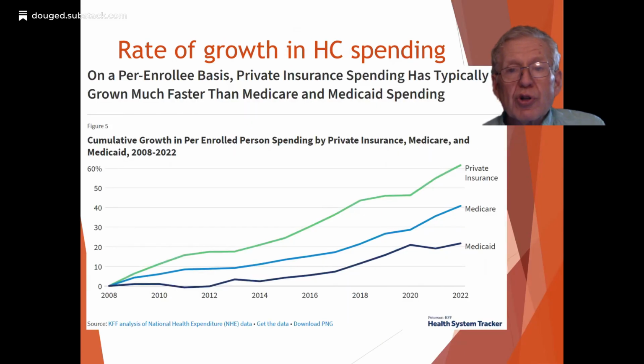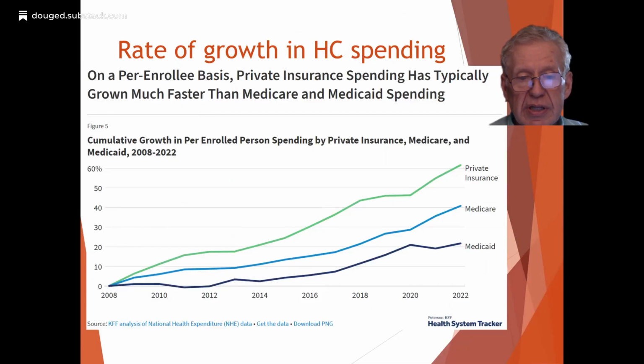On a per enrollee basis, let's look at the cumulative growth in spending since 2008 to 2022. Again, this is the most recent I could find, and this comes from the Peterson KFF, Kaiser Family Foundation Health System Tracker, a wonderful resource that's continuously updated.